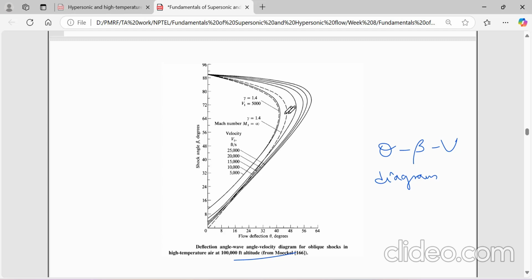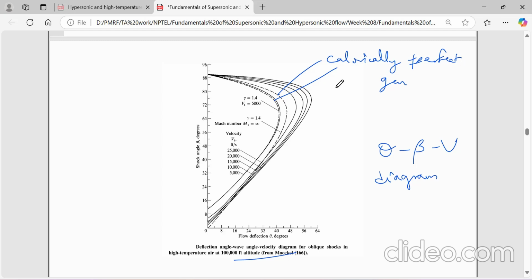So here these two dashed curves are for calorically perfect gas. Rest of the curves are for chemical reacting gas.